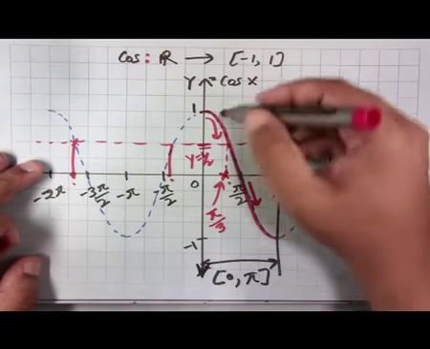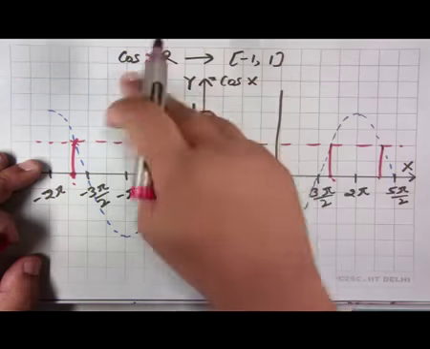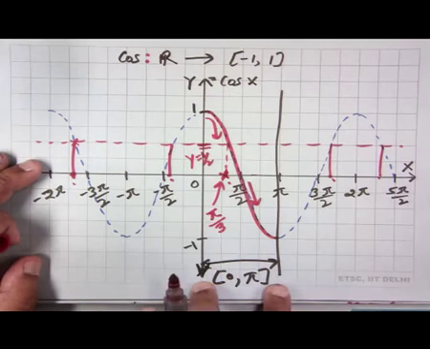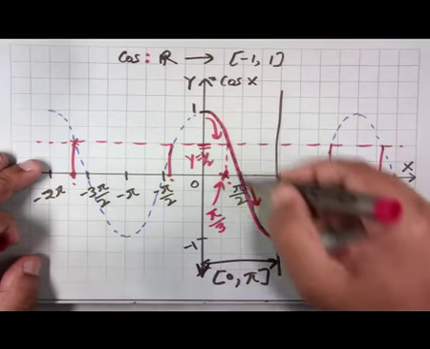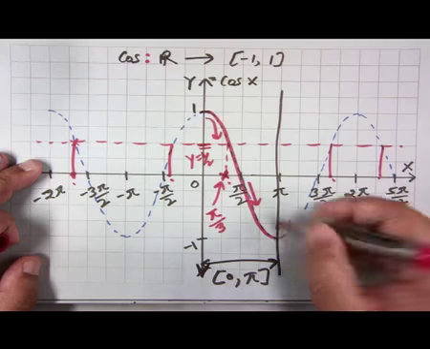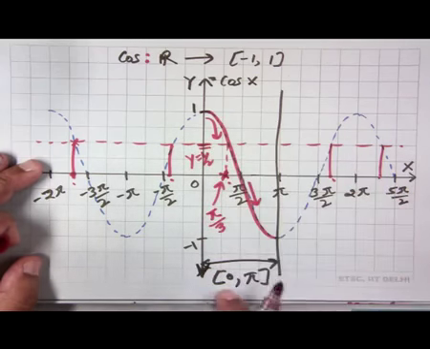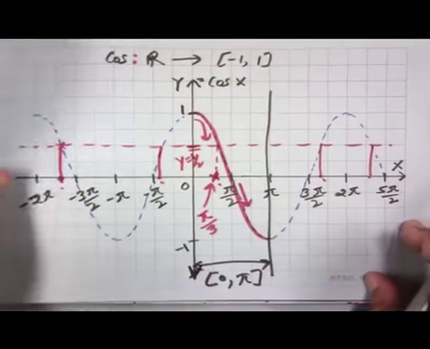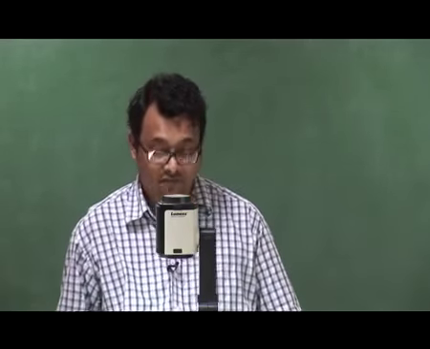And it is also visibly clear, because this cos function, when restricted to 0 to pi, has a graph that is monotonically decreasing, and therefore, for any value of y that we take, there will always be a unique x in this interval, and therefore, the inverse of the cos function can now be uniquely and meaningfully defined.